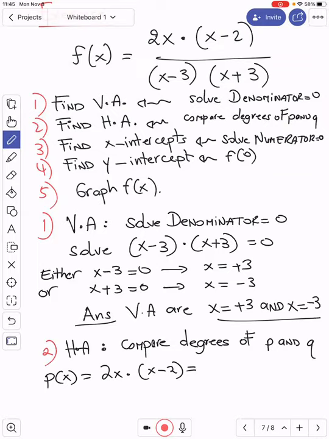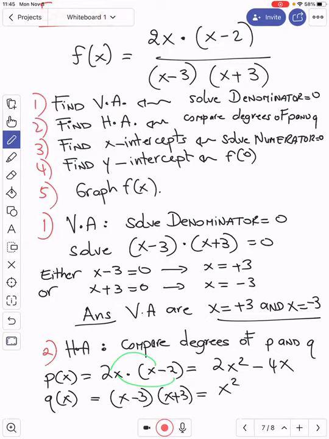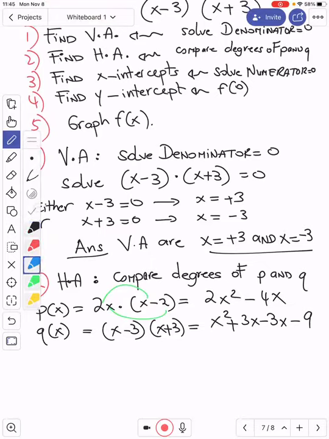When you multiply 2x times x, that will be 2x squared, and then 2x times minus 2 will be minus 4x. So p is 2x squared minus 4x. Q is x minus 3 times x plus 3. When you distribute, that's x squared plus 3x minus 3x, and then minus 9. All right, so the degree of p is 2, the degree of q is 2, so they are equal.